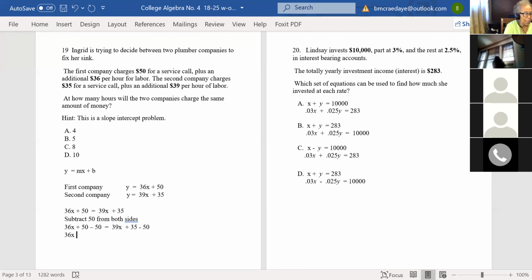So what do I have on the right side, Audrey? 35 minus 50 is negative 15, that's right, because you subtract.